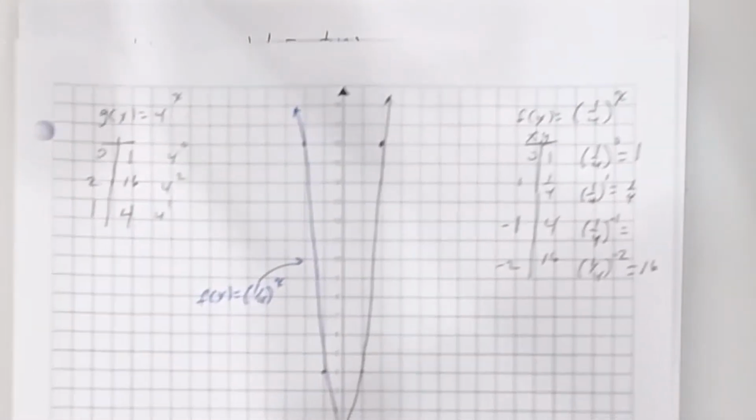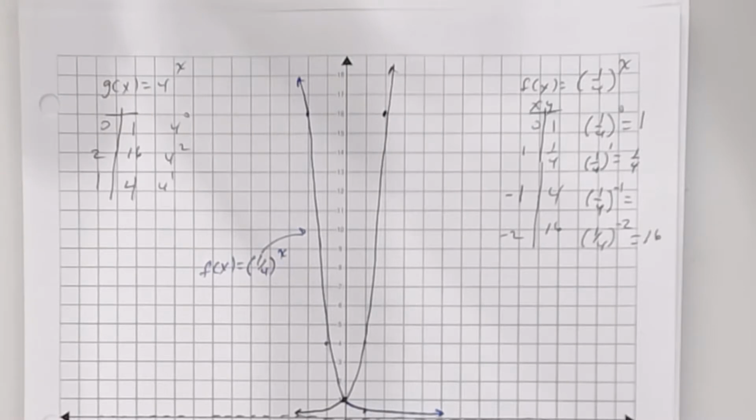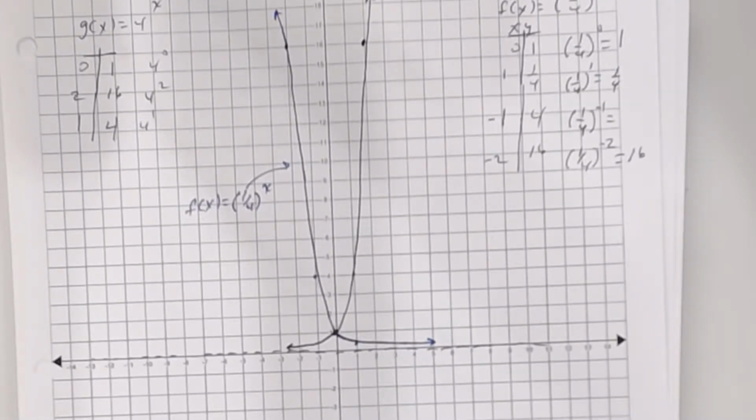All right, I'm going to ask you this. In these particular cases, these two, what made one an increasing function? What made the other a decreasing function, do you think? I prefer to use a better word. The base. So if the base is bigger than 1, then you have an increasing function. Kind of makes sense because 2 to the second, 2 to the third, 2 to the fourth, 2 is bigger than 1, right? Those numbers are getting bigger and bigger.